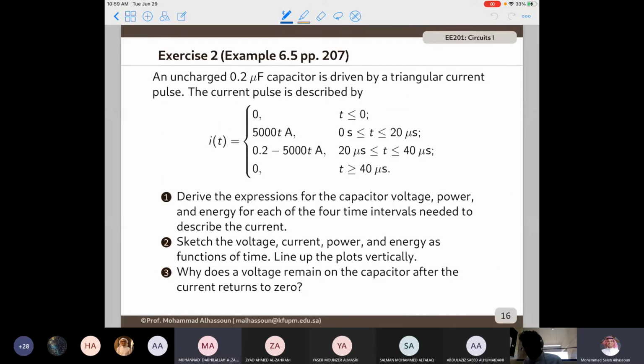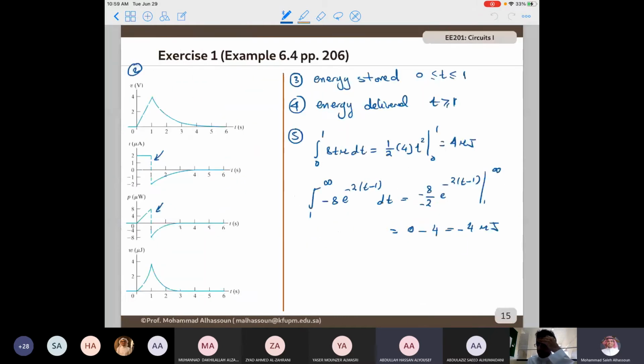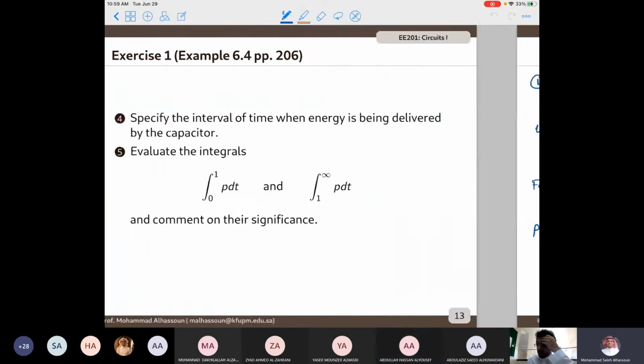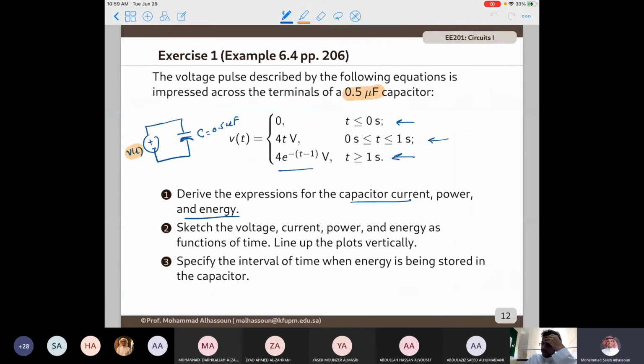Okay. Any questions or participation? Question: what's the reason the graph increases, reaches a maximum point, then starts decreasing again? The reason is actually the voltage source. This is the same pattern as the voltage source.